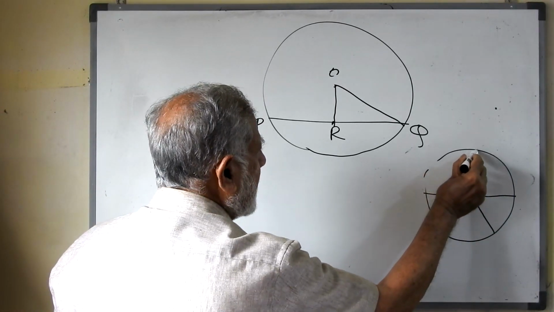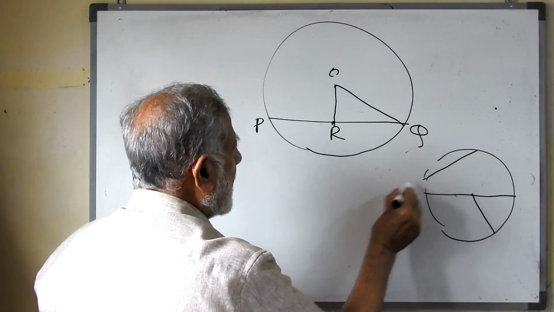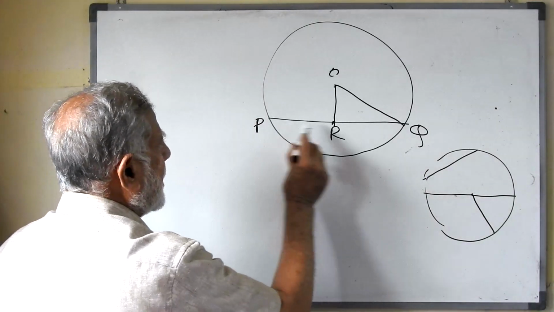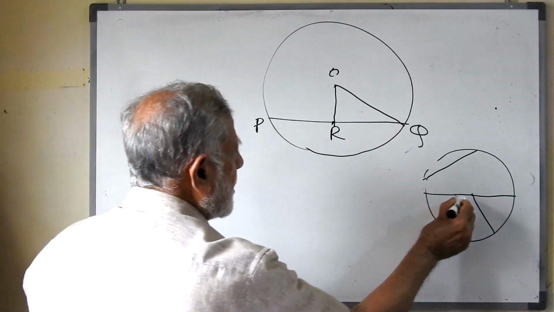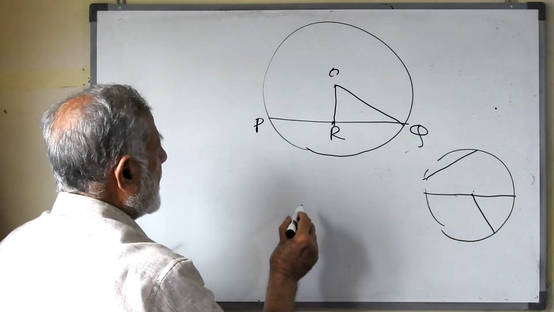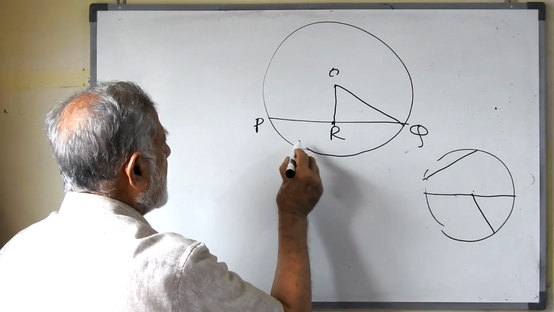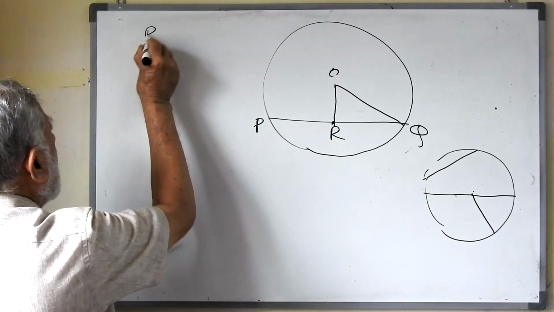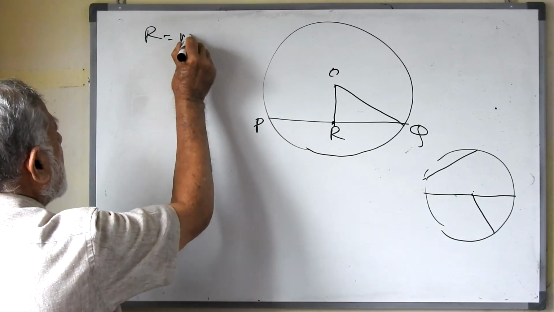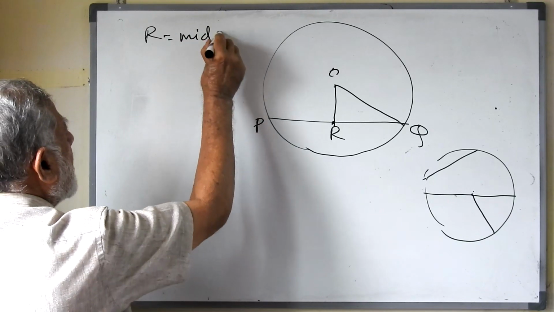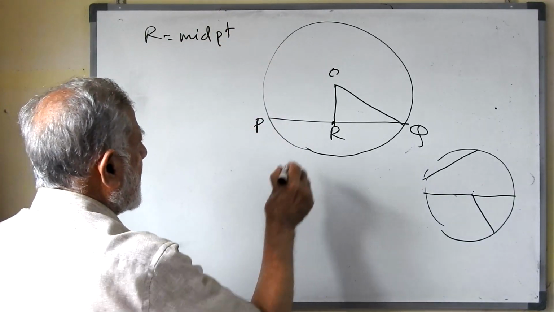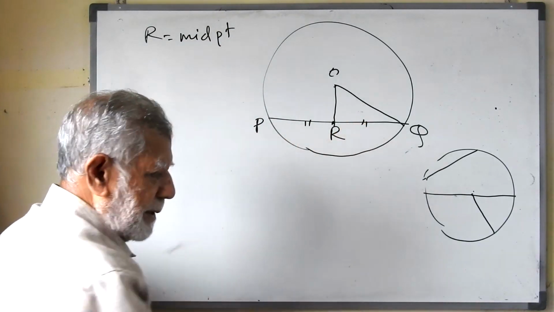Then any line like this is a chord. Here we have PQ as the chord, and this is the center. R is the midpoint of the chord, so this part equals this part.